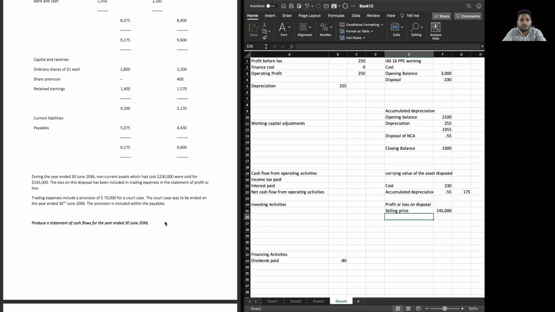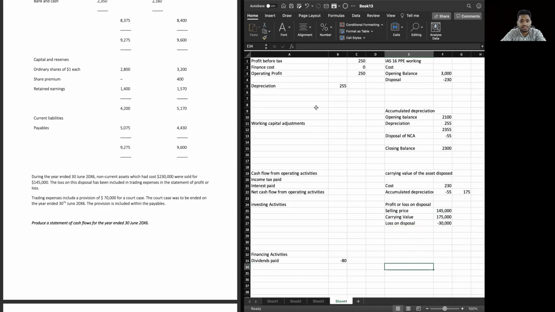So from this you need to remove the carrying value, which is 175,000. So you have a loss on disposal, which is going to be 145 minus 175, that's 30,000. So loss on disposal is included within your trading expenses.